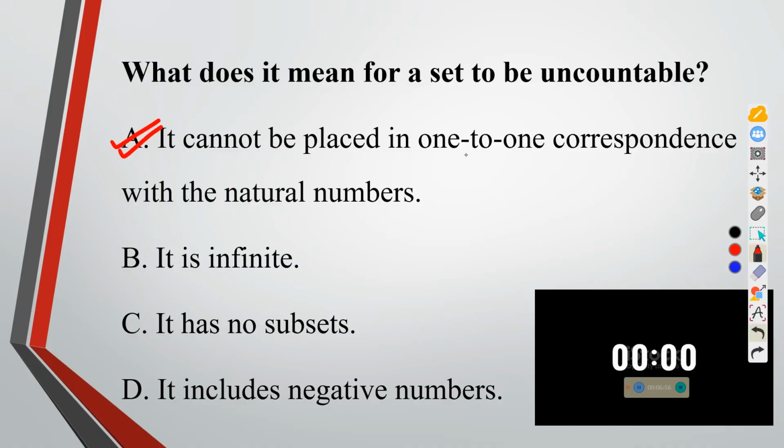If it can be placed in a one-to-one correspondence with the set of natural numbers, then we shall say it is countable. So from the definition, you should be able to give the answer for A. From the different questions that we have already discussed for countability of sets, this should be easy for you. So that would be part A as the answer. We look at the next question.